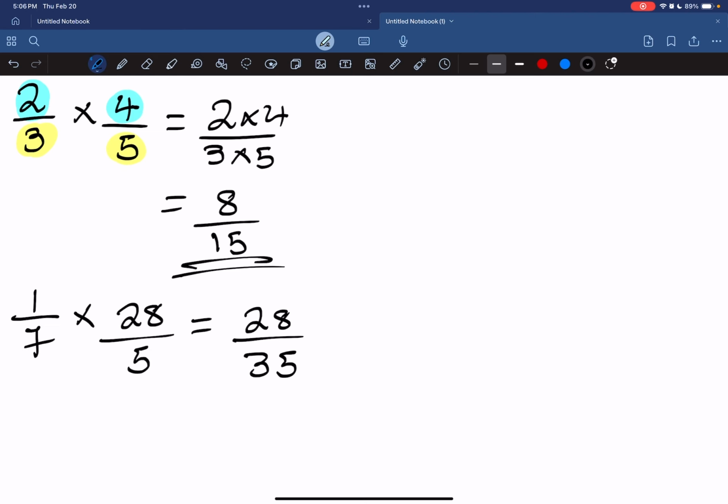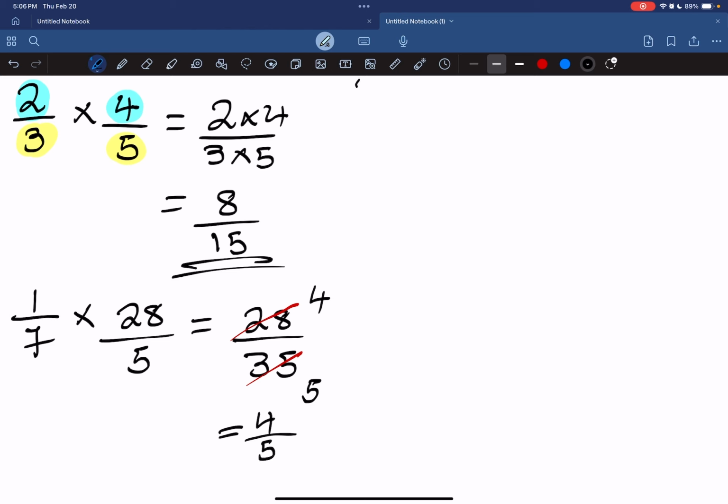Looking at this, I can see that 7 can go into 28, and 7 can also go into 35. If I divide by 7, 7 into 28 gives me 4, and 7 into 35 gives me 5. That leaves me with 4 over 5 as my final answer.